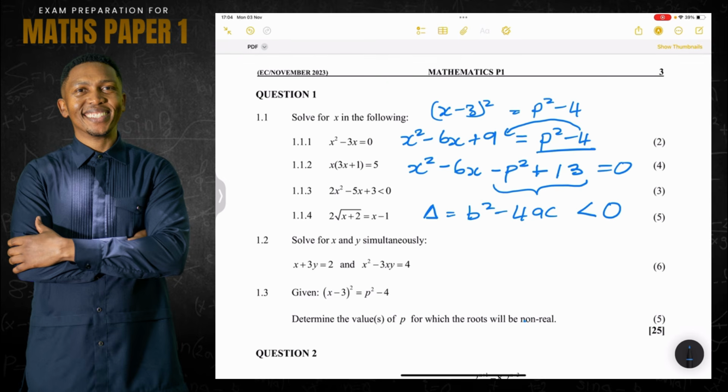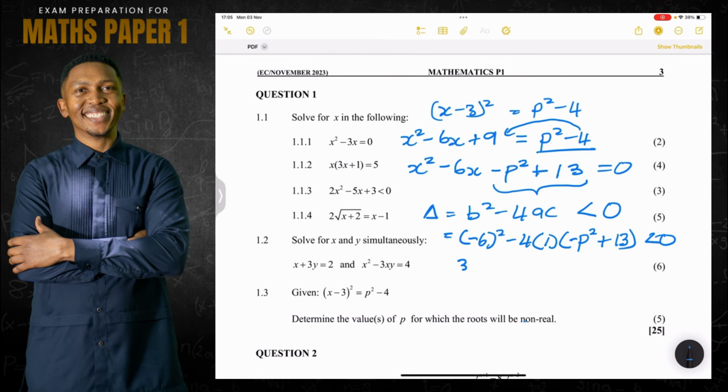Remember, they said non-real roots, so it's only less than 0, not less than or equal to 0. So what do we get? That's (−6)² − 4 × 1 × (−p² + 13), and this is less than 0.